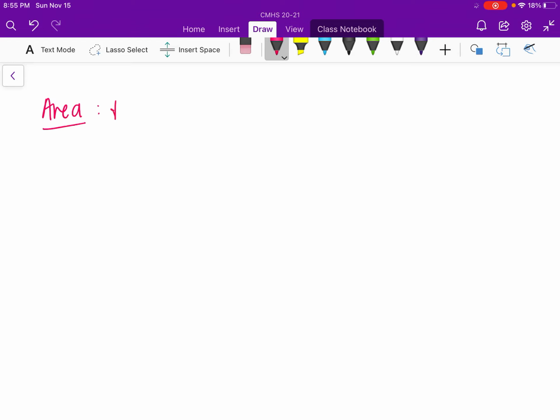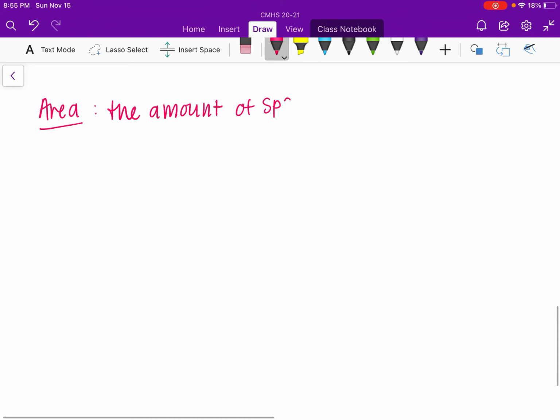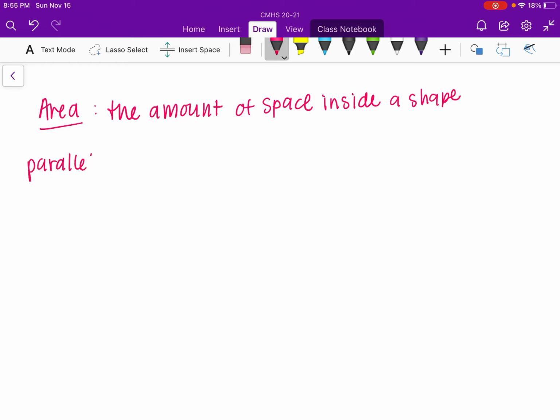Area is the amount of space inside a shape. All right, and we're going to have the same 3 shapes. Parallelogram / square.